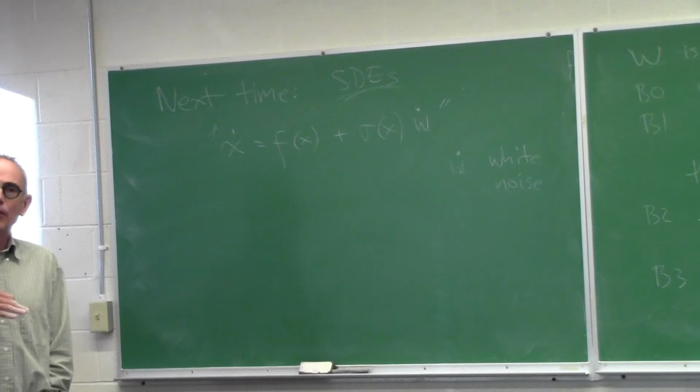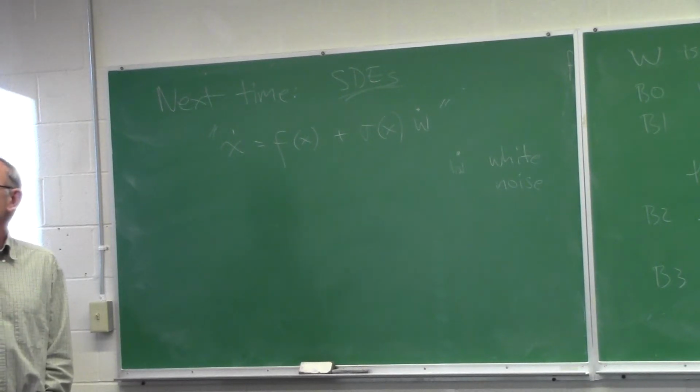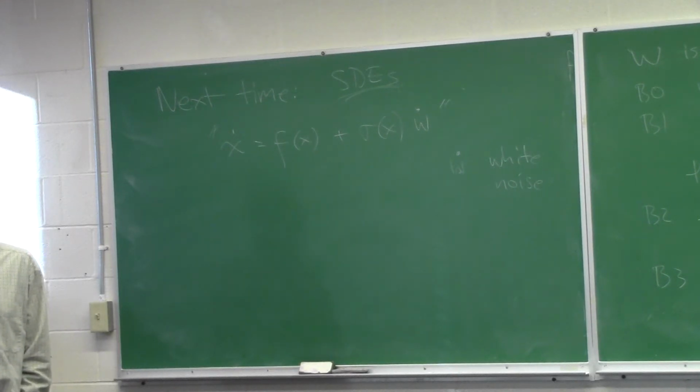But how would you make sense of this? If you're a control person, you wouldn't be so scared. All right? Any control people out there? Any others? Why wouldn't a control person be scared? Because you're not really differentiating anything.